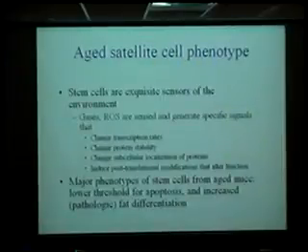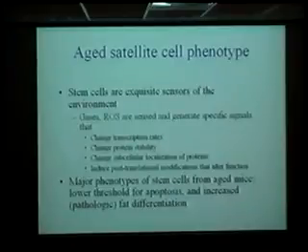So what we're finding out by translating our 20% oxygen conditions into aged animal stem cells is that, first, the stem cells, again, are really exquisite sensors of their environment. And gases and reactive oxygen species are somehow sensed, but they certainly generate specific signals that change the whole profile of the cell.